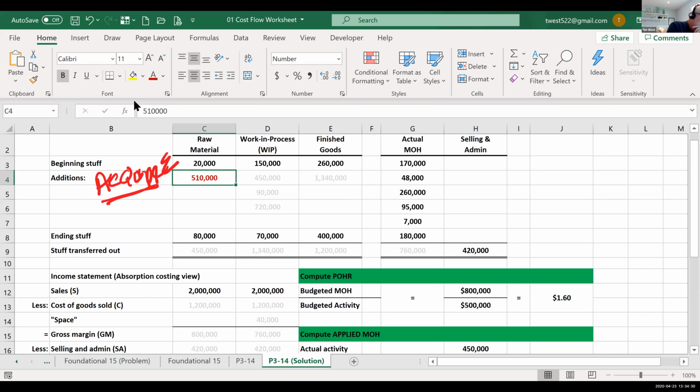And then we've got this ending inventory. Minus what you end with. So then as a result, what gets transferred out in this case is going to be 450.